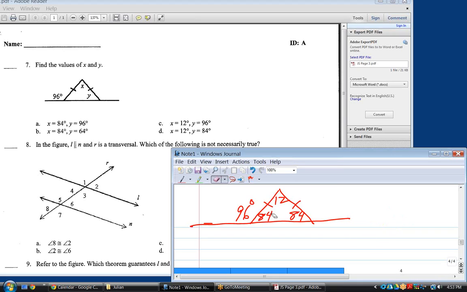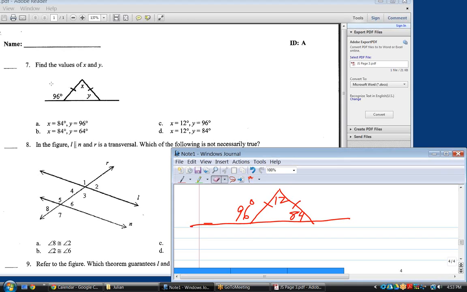This exterior angle, which is the 96-degree angle, is always equal to the sum of x and y. In other words, it's always equal to the two angles of the triangle that it is not next to. Notice that it's 96, and 12 plus 84 is 96.